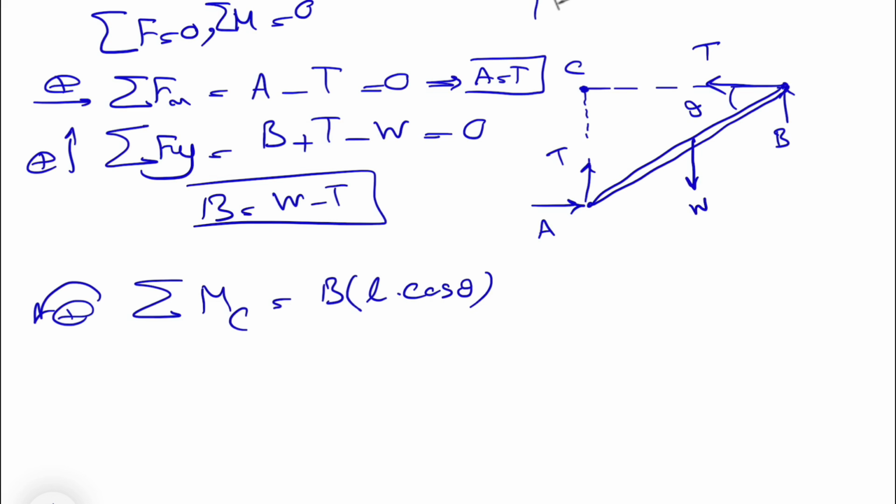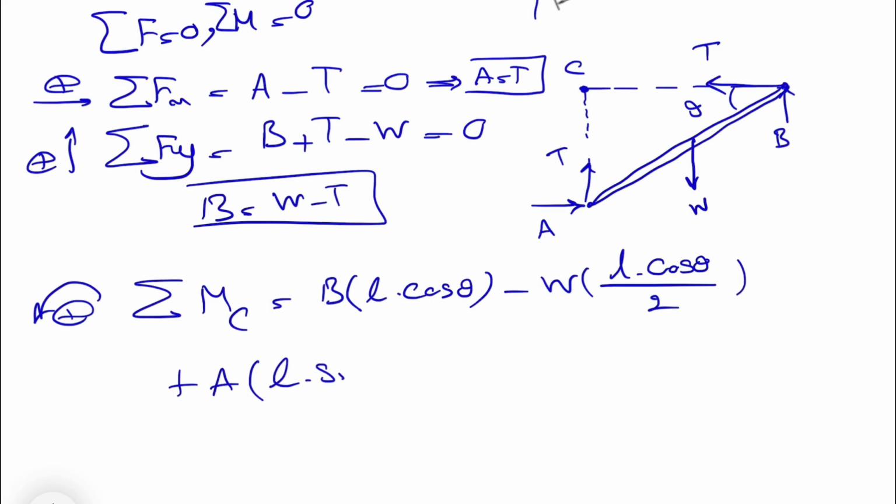We also have the moment of W. This time that moment is clockwise, so negative, and the distance will simply be L cosine of theta divided by 2. The last one is the moment of A, which is again counterclockwise, so positive: A times L sine of theta.